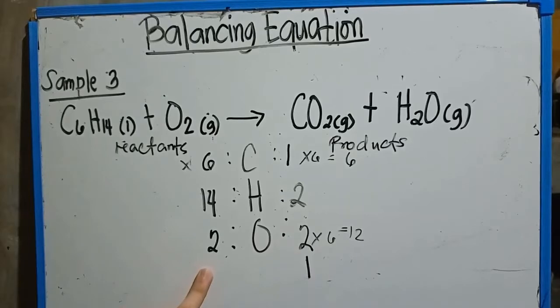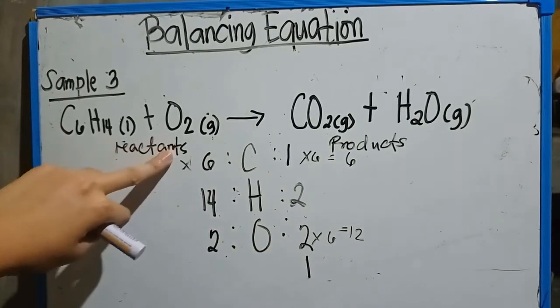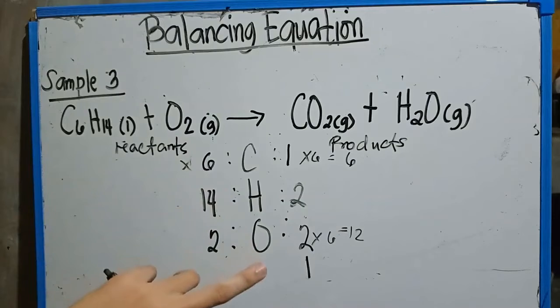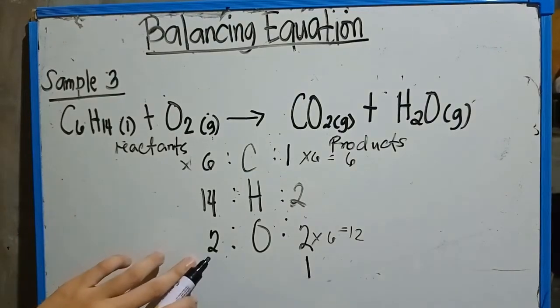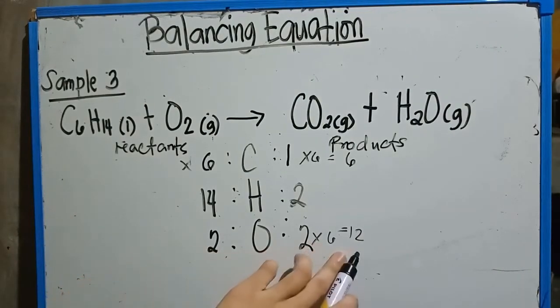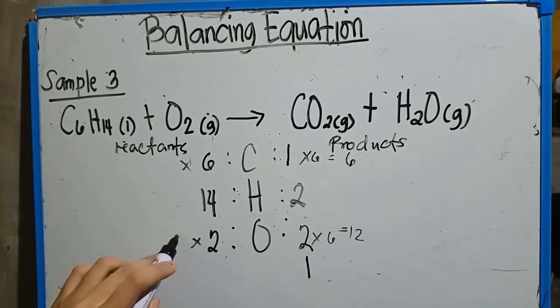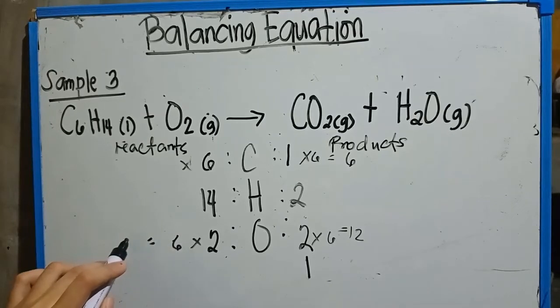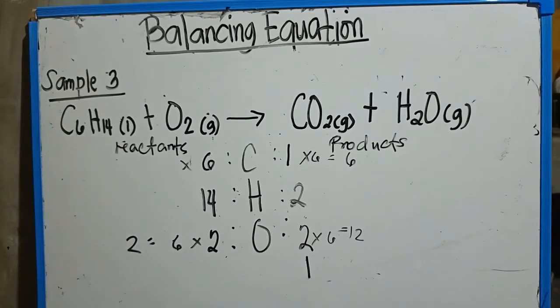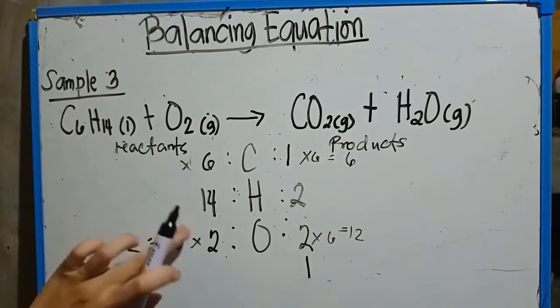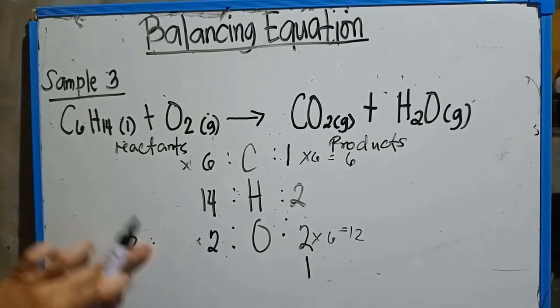So ang ending, na balance ang carbon, pero atong oxygen is very layo na pod. So 2 times 6 becomes 12. So dili pwede kay 13 man tanan ang atuang oxygen dire. So dili pwede ang 2 or di pwede ang 6.